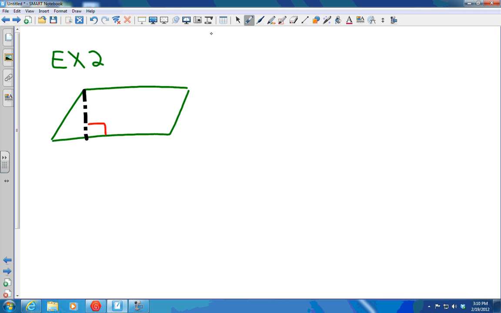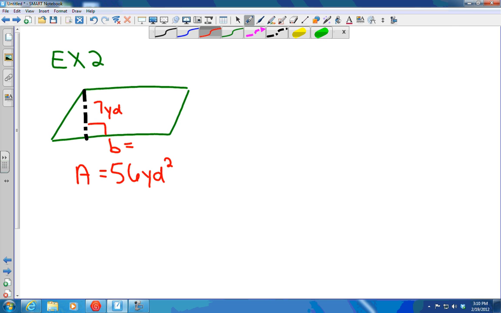So I'll draw my parallelogram here. The area is 56 yards squared, and the height is 7 yards. But we don't have the base.